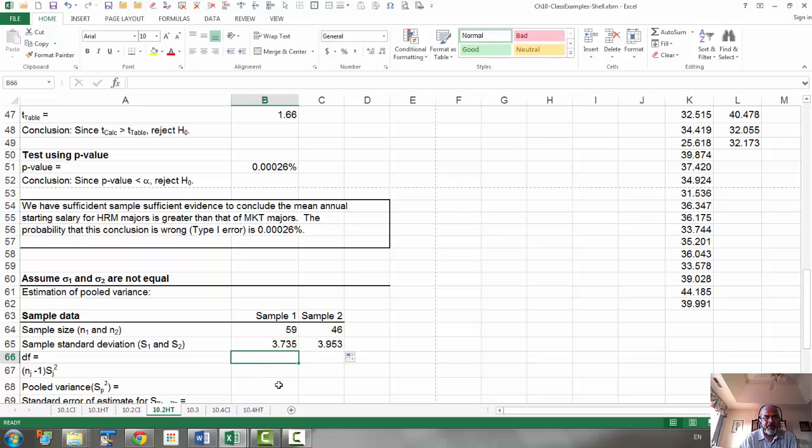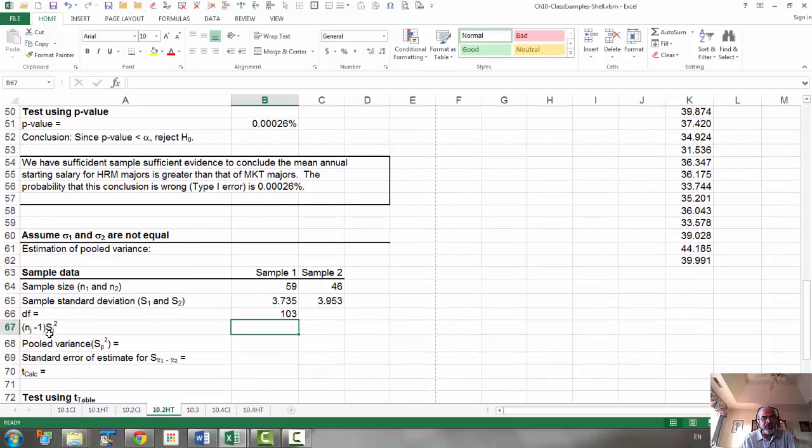Now degrees of freedom here is given by n sub 1 plus n sub 2 minus 2. If you look at the textbook, I've already gone over the formulas for this in the previous video. So n sub 1 plus n sub 2 minus 2 gives us the degrees of freedom.